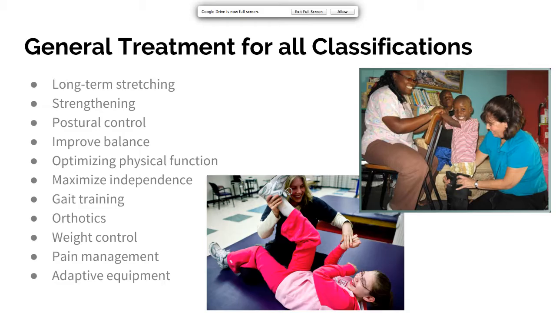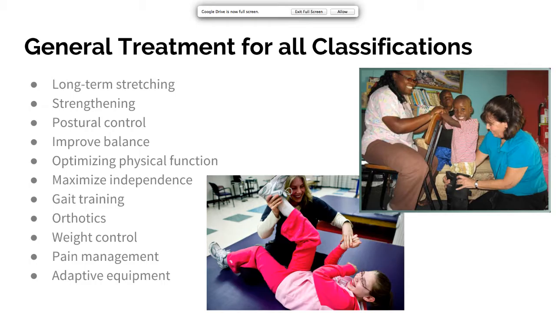In lab, we will be mainly covering the first 4 topics here of long-term stretching, strengthening, postural control, and improving balance. While those will be the main topics covered, we are going to take time real quick to go over each of these topics and share the importance of each of these treatment ideas. So first of all, long-term stretching. This will be an important treatment to alleviate secondary muscular contracture and to allow the child to remain functional.